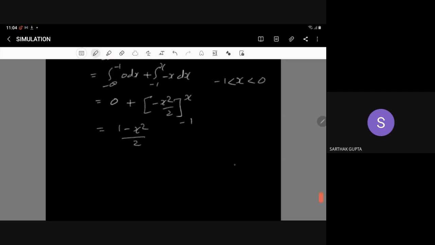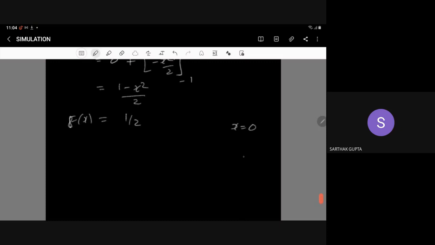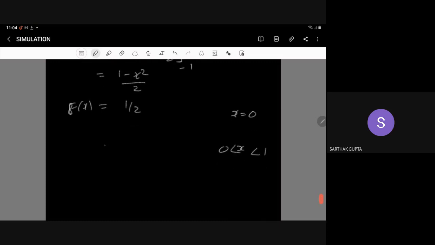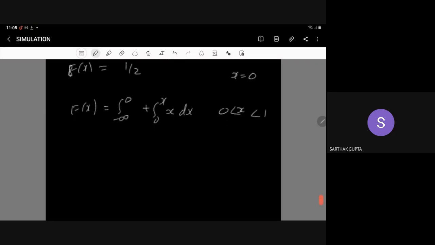Now when x is equal to 0, this will give you Fx equal to 1 by 2. When x is greater than 0 but less than 1, Fx will become integral from minus infinity to 0 plus integral from 0 to x, and here we have the integrand x and dx.